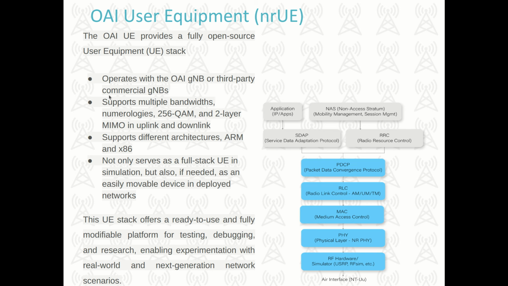They actually claim, and I don't have any reason to suspect their claim because I've been seeing them earlier, that it was not really operating with a third-party commercial gNB, but I'm sure that in recent times they have been able to do that, so that's why they have put this claim that it can connect to a third-party commercial gNB, supporting multiple bandwidths and different architectures, ARM as well as x86. This one is interesting.